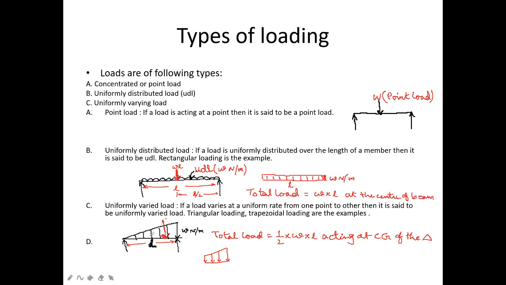Now the magnitude of the point load will be half WL, and the position is at the CG. We know that the CG of a triangle lies at L upon 3 from the base.